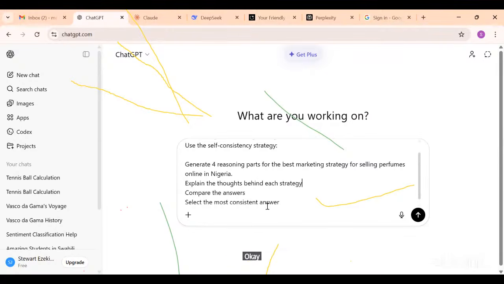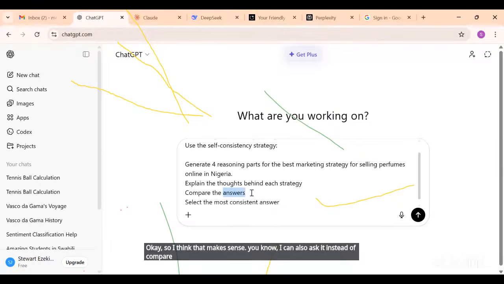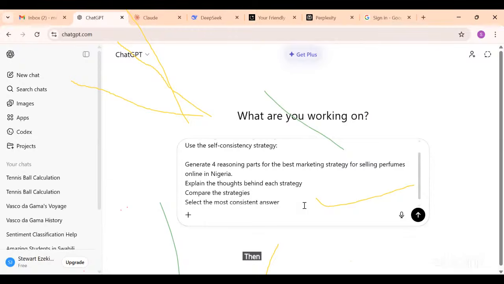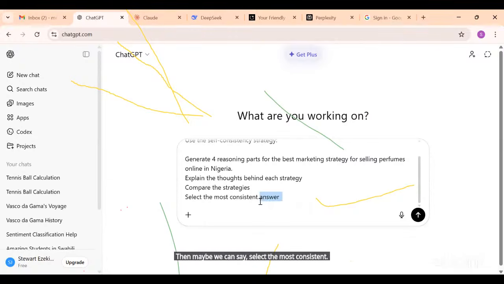Okay, so I think that makes sense. You know, I can also ask it, instead of compare the answers, I can ask you to now compare the strategies. Then maybe we can say select the most consistent and realistic strategy.